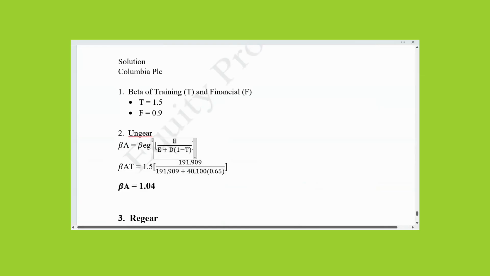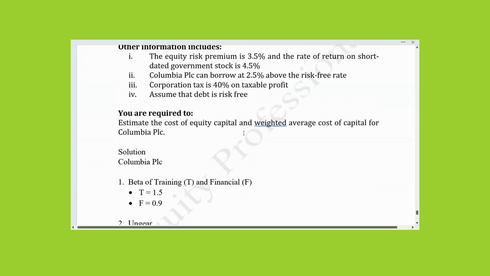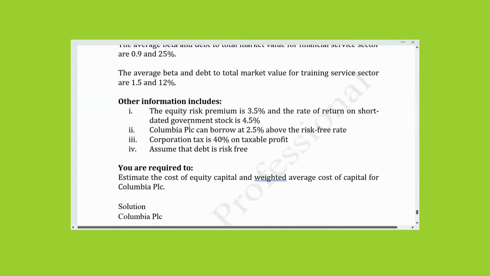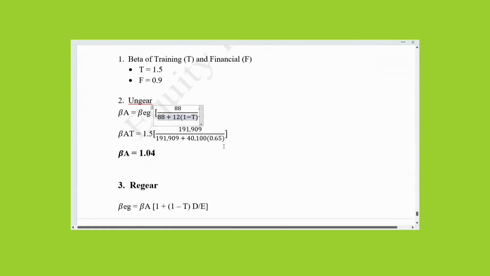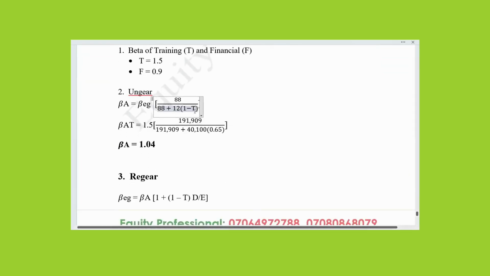So this will be 88 divided by 88 plus debt. Debt is 12. Then tax rates. According to the question, corporation tax is 40% on taxable profits. So if tax is 40%, that means we are supposed to account for 60%, 0.60.